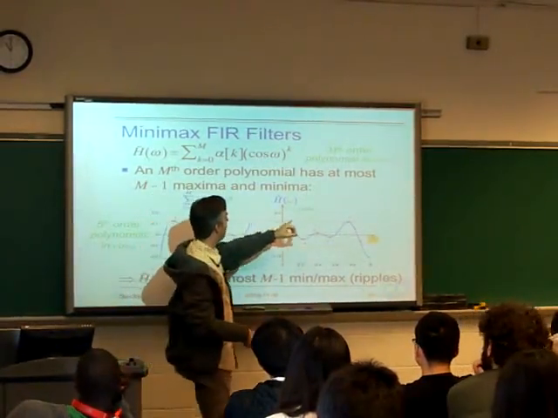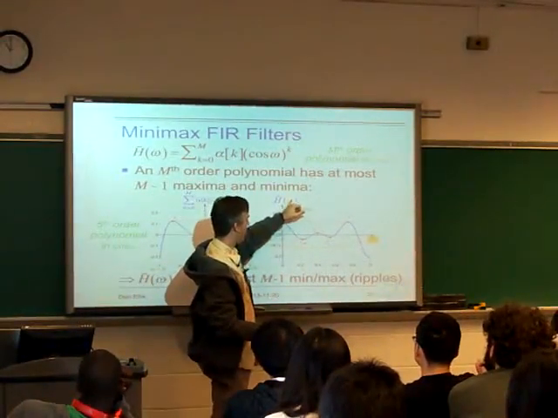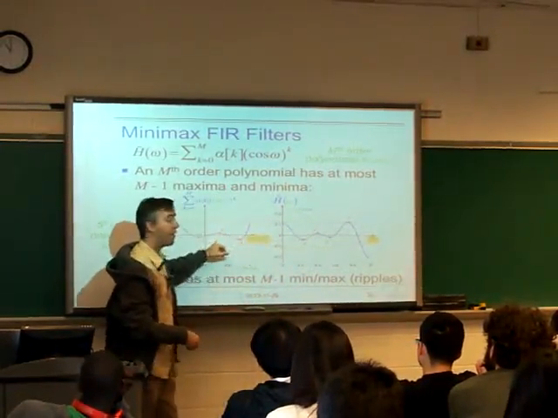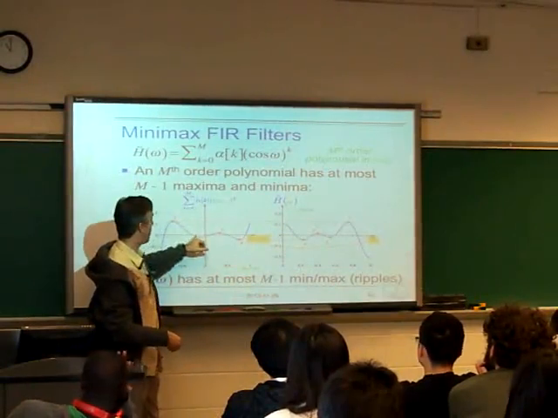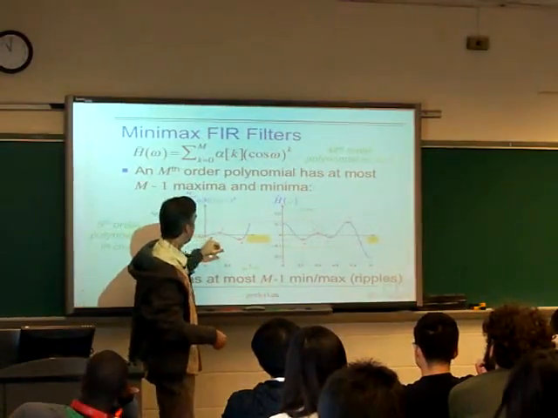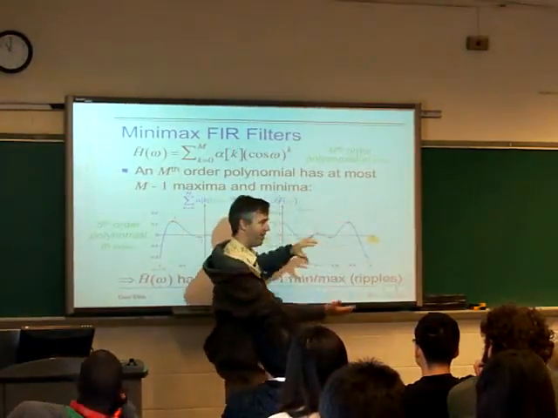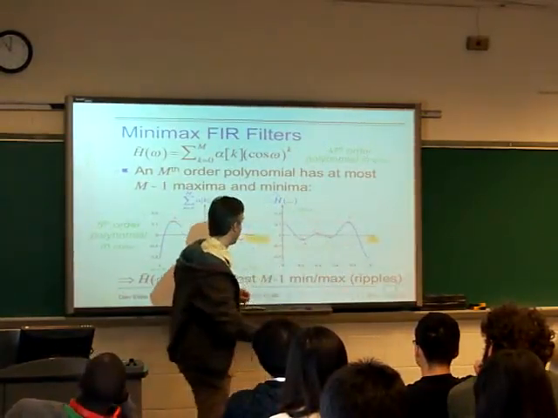For any value of omega, at least in the range 0 to pi, I can find the value of cosine omega and figure out which point on the curve I'm looking at here. They're in order, right? It's a monotonic function, albeit flipped around and distorted.